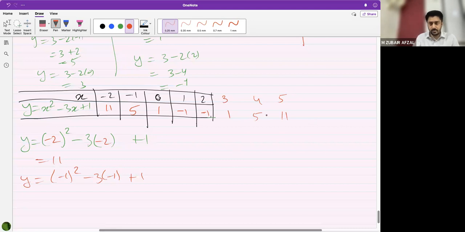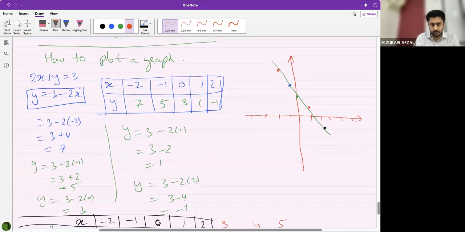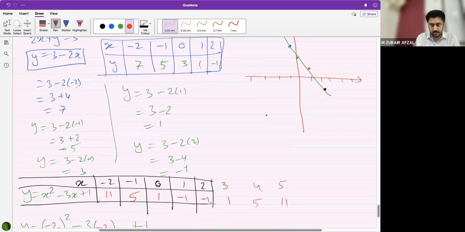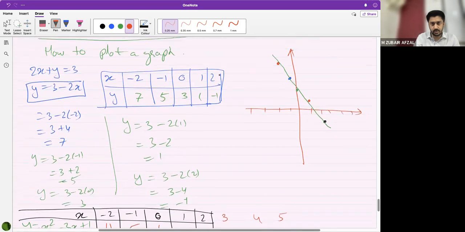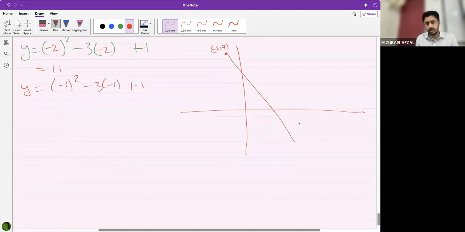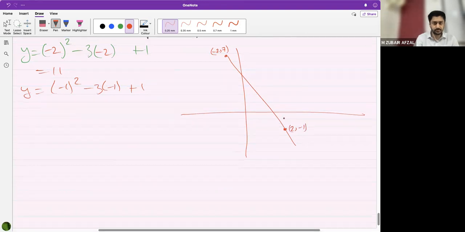So I'm copying the previous graph here, so I don't have to move the page up and down again and again. The previous graph looked like this. This was -2, 7. And the last number was 2, -1. X is 2, y is -1.